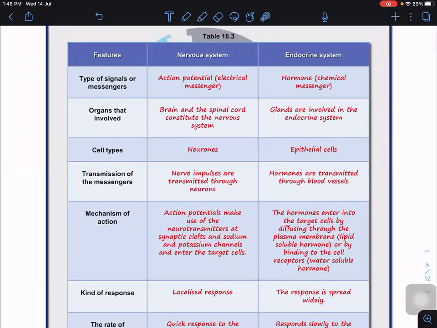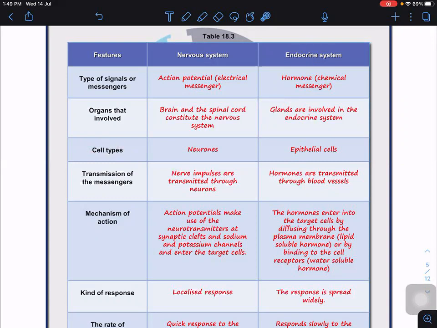18.3. In terms of the signal or the messenger, the nervous system uses an electrical messenger, in the form of action potential. The endocrine system uses a chemical messenger. We call them hormones. The organs involved for the nervous system are definitely the brain and the spinal cord. For the endocrine system, it will be glands that secrete the hormones.